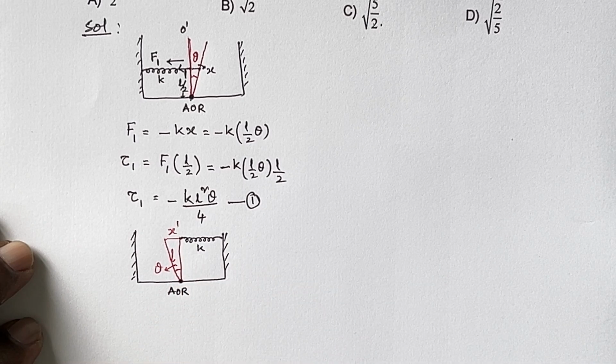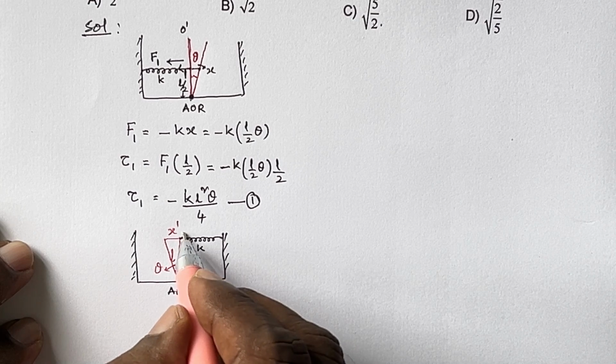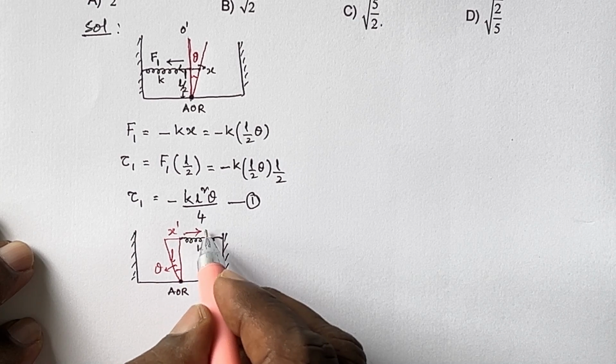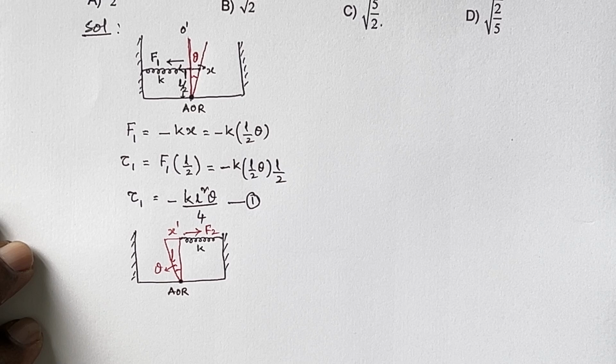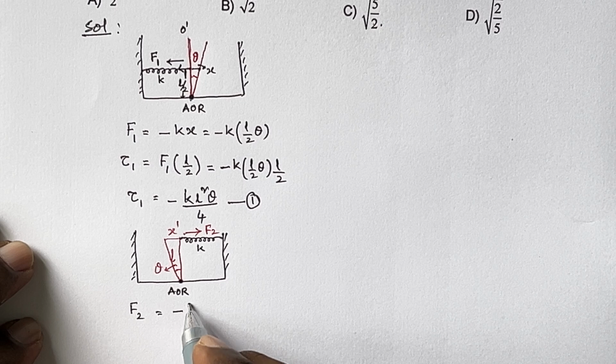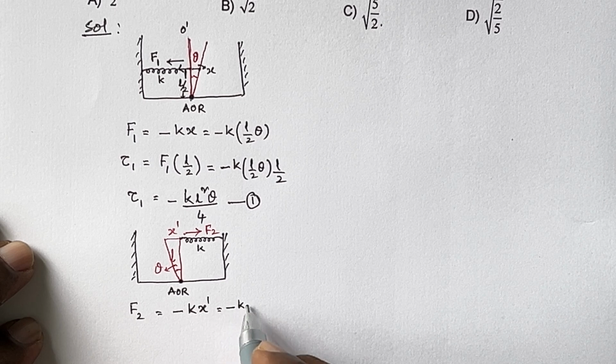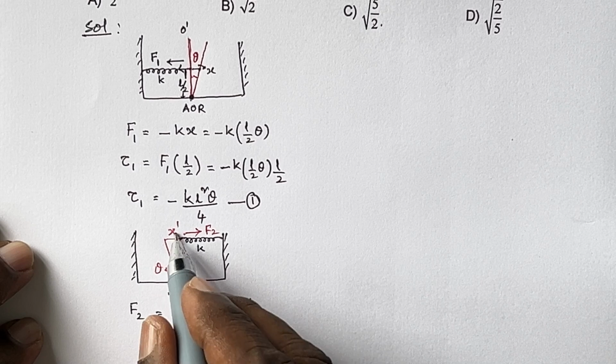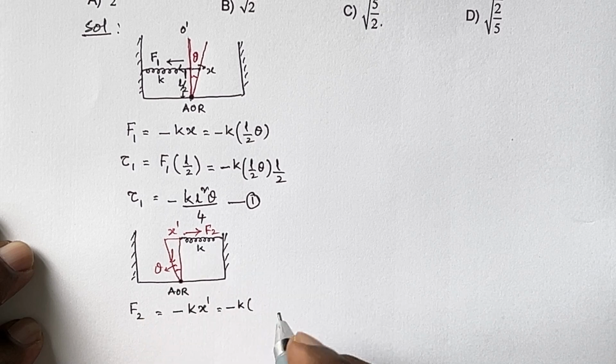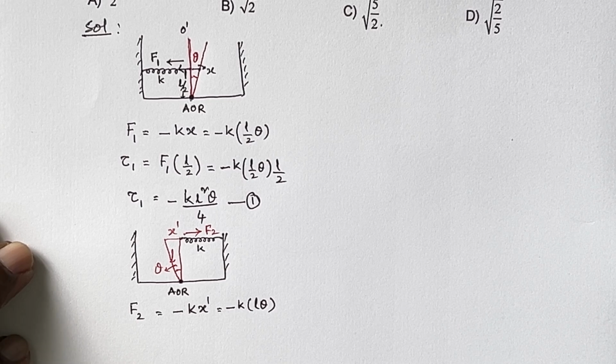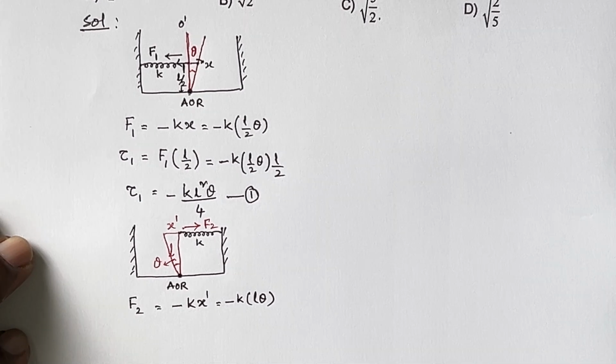Immediately in the spring, a restoring force will act, that is F2. So F2 is equal to minus K x dash. What is that x dash? This distance is L theta, so x dash is equal to L theta. Now let us calculate the torque.